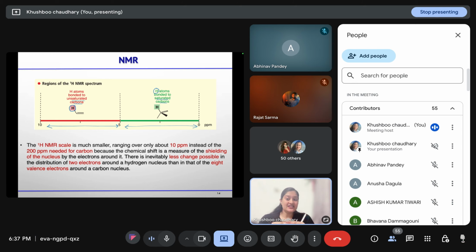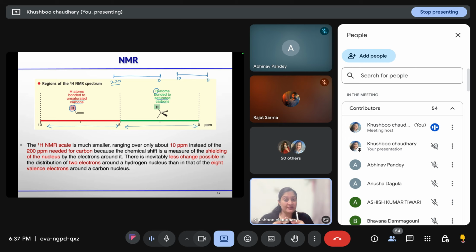Now if we see the carbon 13 spectra and the proton spectra, the proton spectrum lies in the region of 0 to 10, whereas the carbon spectrum lies in the region of 0 to 220. Why is this so? Because in the case of proton, only two electrons are there in the valence orbital, the fully filled valence orbital of hydrogen.